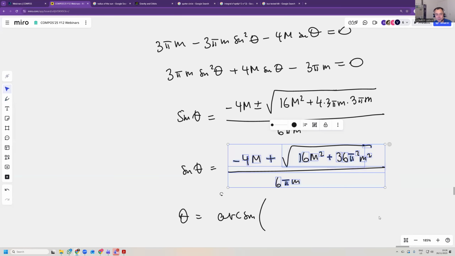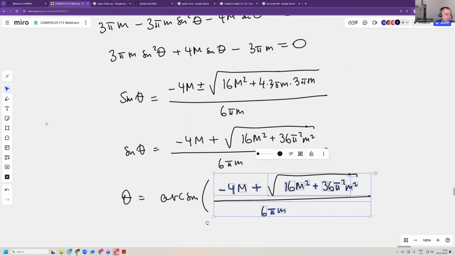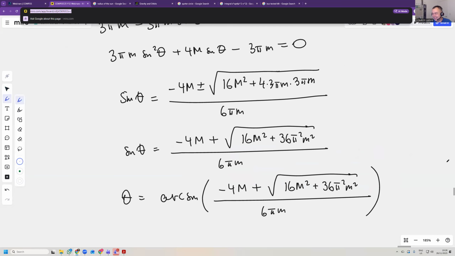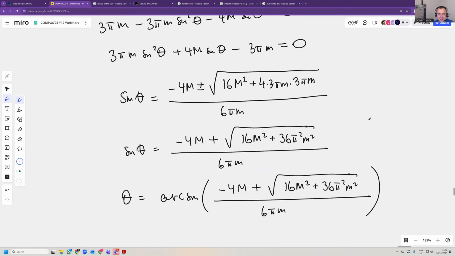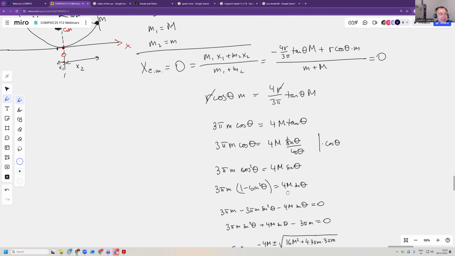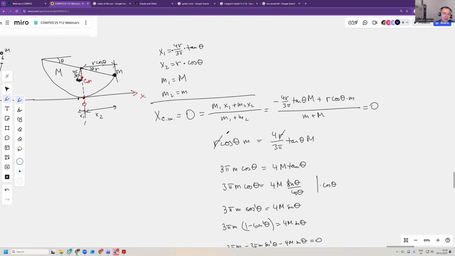Okay, I might have made a mistake somewhere. Maybe it's not that complicated, but you got the idea. So the main idea, because everything starting from here, that's just maths.